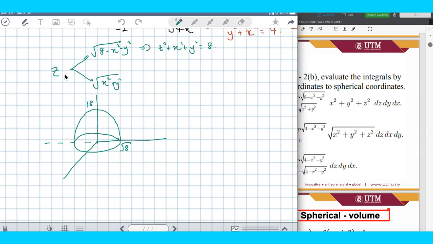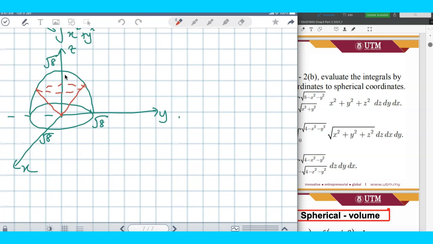This axis is z, this one x, this one y. And where is your cone? You have a standard cone, so this is your cone, and as we know, phi is equal to pi over 4.